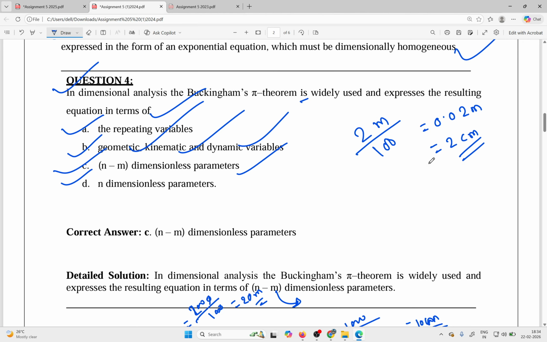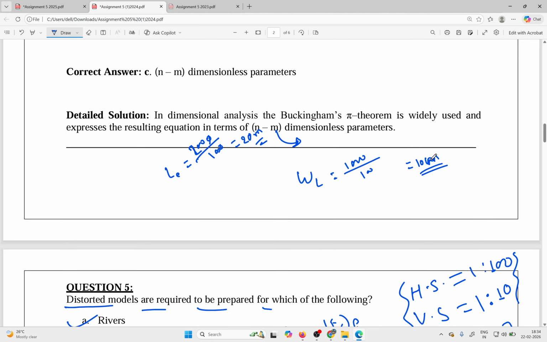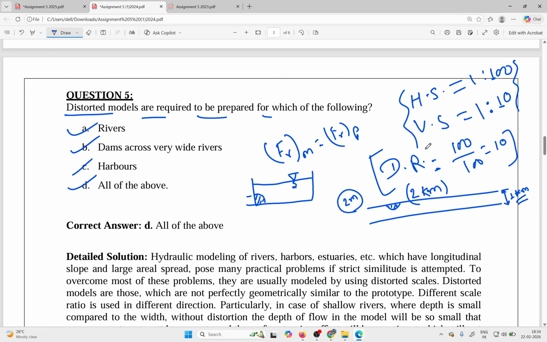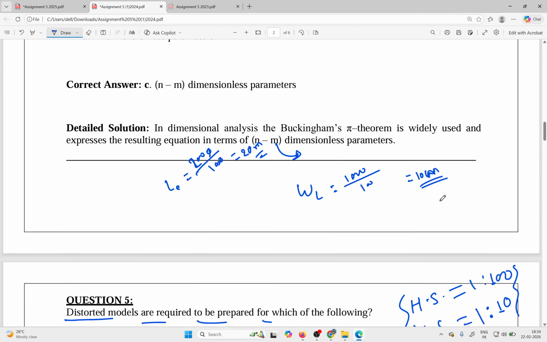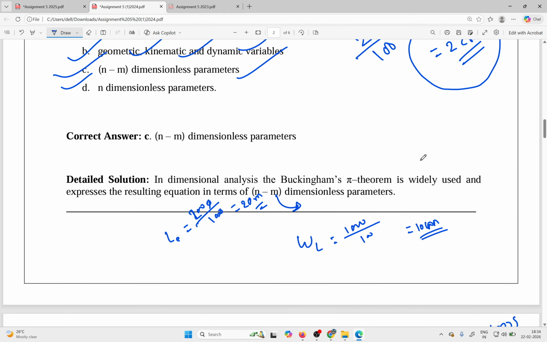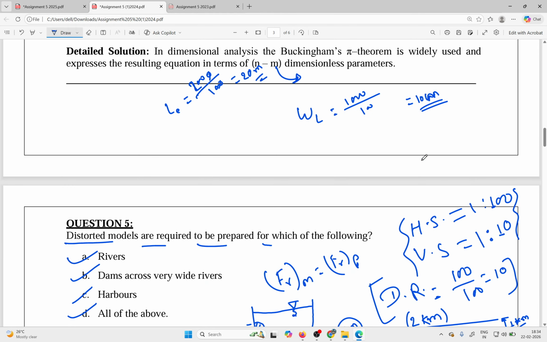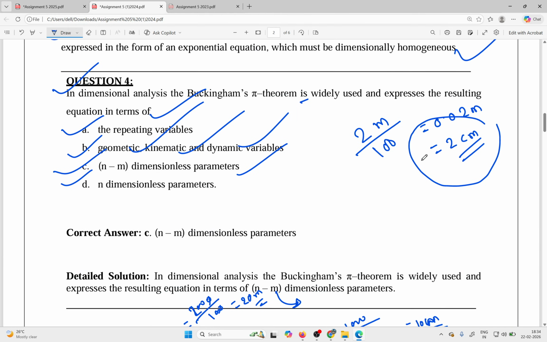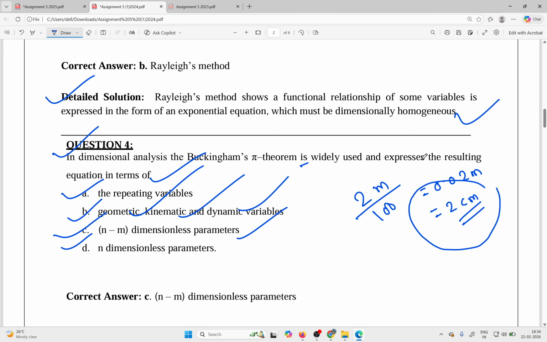As you can see, 2 centimeter in comparison to your 20 meter length and 10 meter width is very, very thin, very low height, so you cannot capture the effect of this deposition in the river.